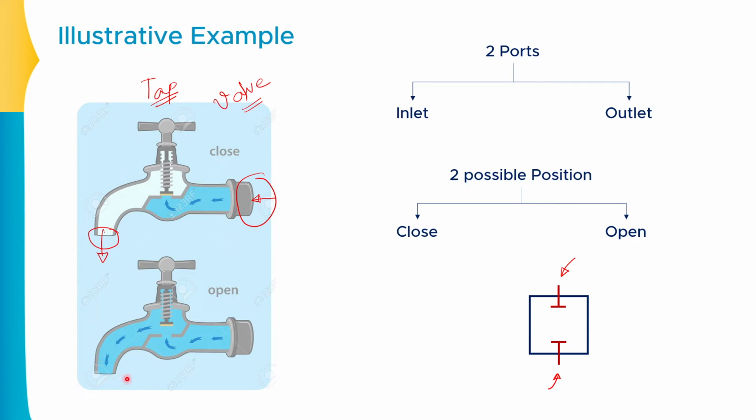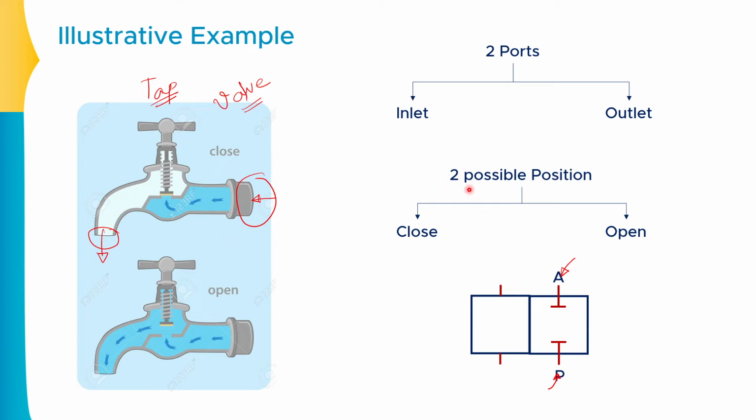To represent the second situation, I have to use one more square. Always remember that if there are two possible positions for a valve, you have to show two squares.